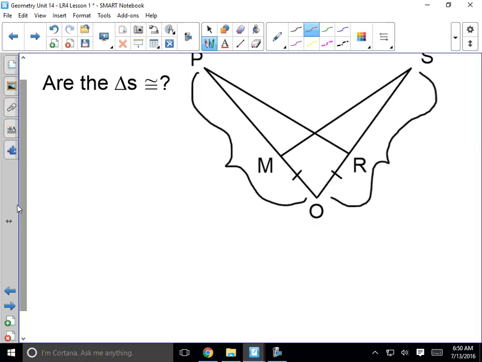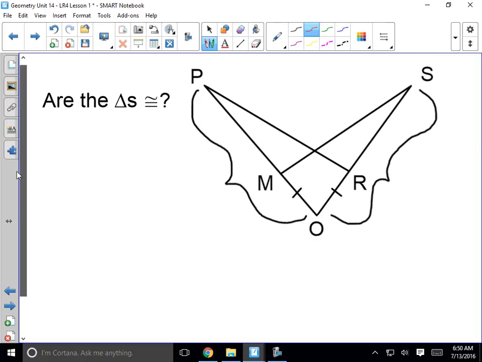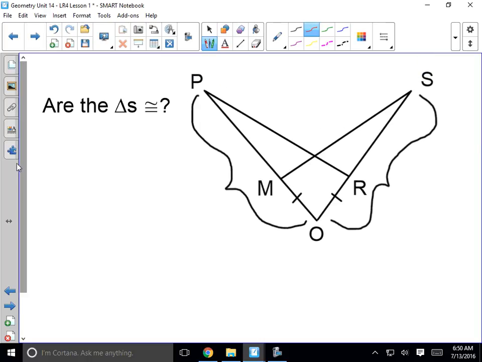Now the hard part here is how the information is given to us in this diagram. We're told that PO and SO are congruent. Those are tick marked pieces. In that situation, we can't tick mark the whole side because there's a shared piece right here and right here that has the one tick mark.